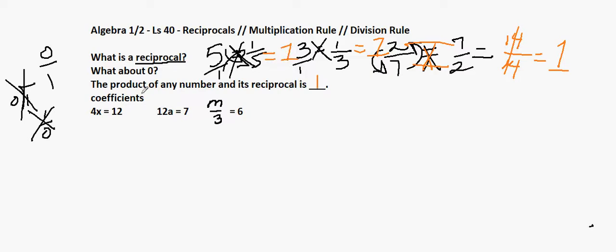Good so far? Seen this word before? How do we pronounce that? You remember? If a variable is multiplied by a number, we say that the number is the coefficient. Coefficient. The C-I-E-N-T makes the "shunt" sound. In the expression 4x, make your x's a little fancy so you don't mix them up with times signs. In the expression 4x, we say 4 is the coefficient of the variable x.